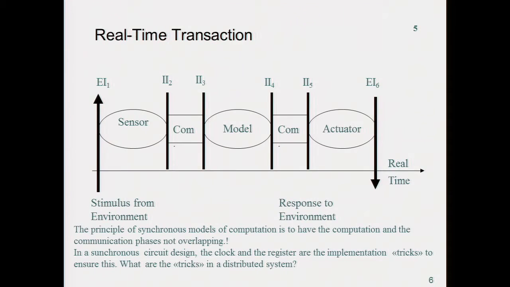Now, what happens in these systems when something happens? So you got the sensor that takes some information, then they communicate this information, then the compute node takes this information, manipulates it, then through communication sends it to the actuator, and the actuator puts the action on the environment, on the real world.